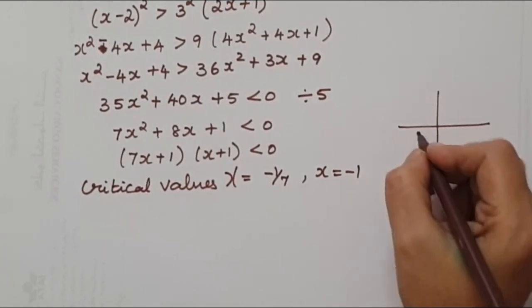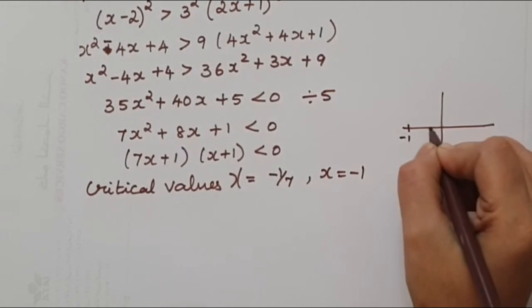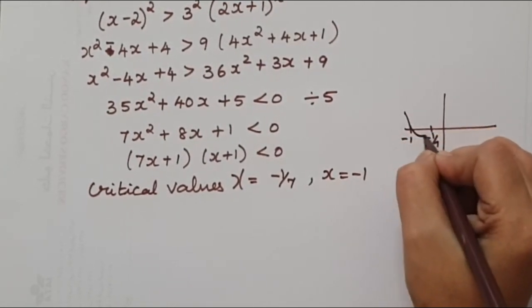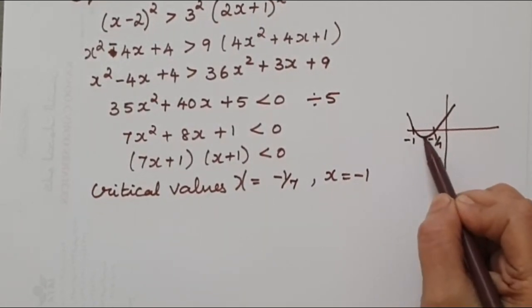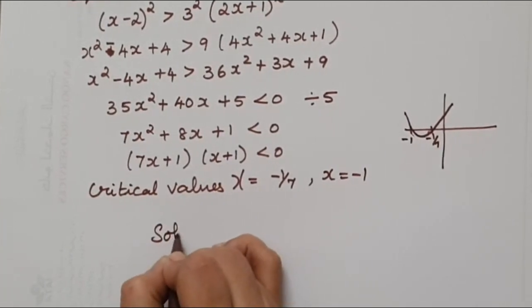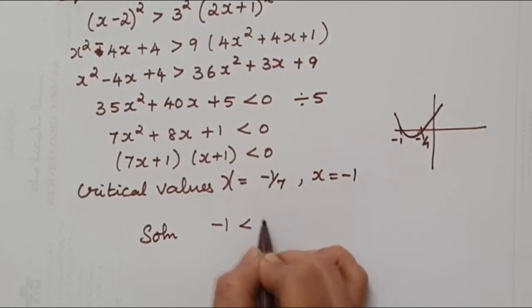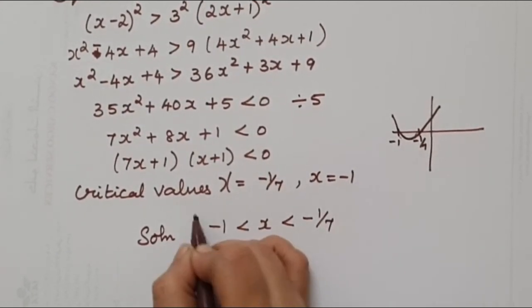Our critical values are minus 1 and minus 1 over 7 over here. So our curve will be in this form. And this is lesser, lesser is below over here. So our solution will be minus 1 less than x less than minus 1 over 7.